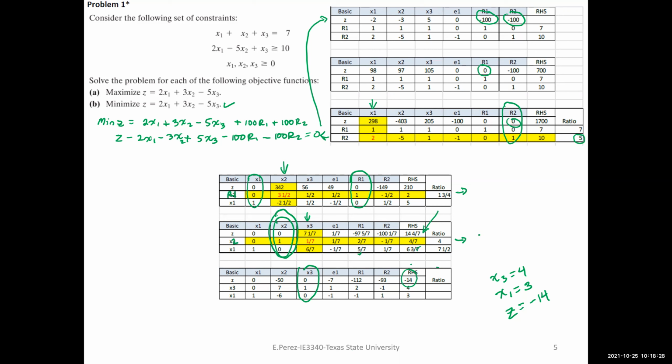The way you verify this is by substituting these numbers into the objective function. You have 2 times x1, so that will be 6. And then 5 times 4 is 20. So minus 20 plus 6 is negative 14, which is what we obtain here.